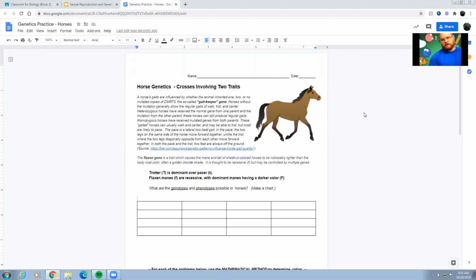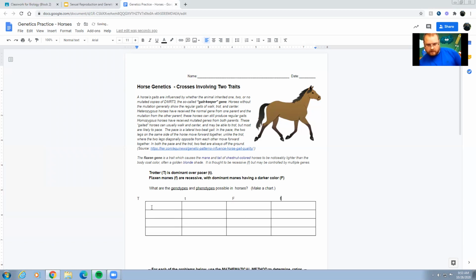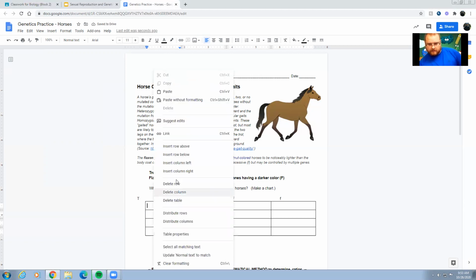So we have a big T, little t, big F, little f. Let's scooch this one over. I need to insert another column to the left.